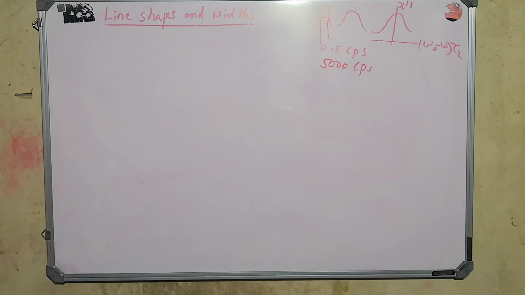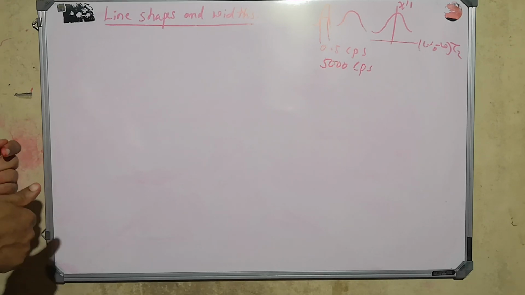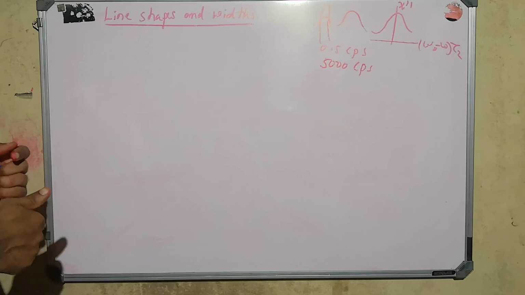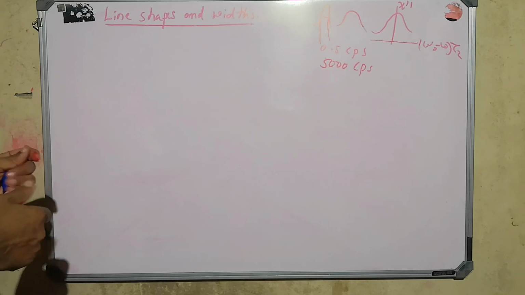See, if the nuclei move at a faster rate, as in liquids and gases, the magnetic moments of the neighboring nuclei, random as they are, average out to 0 and the line is narrow.